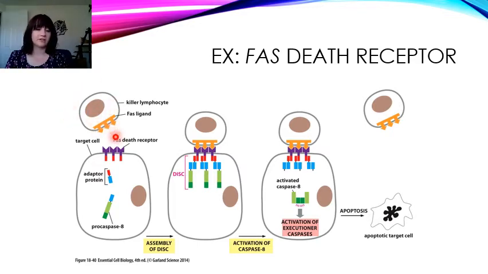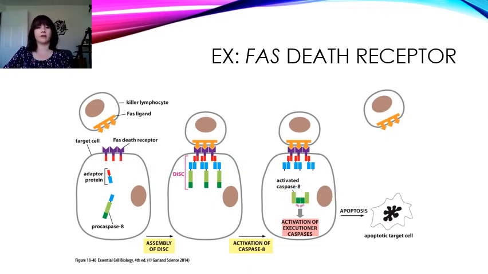So when this killer lymphocyte gets close enough in contact to bind the death receptor, it will initiate the formation of this complex called the DISC complex. And ultimately, it will cause activation of a caspase called caspase 8.